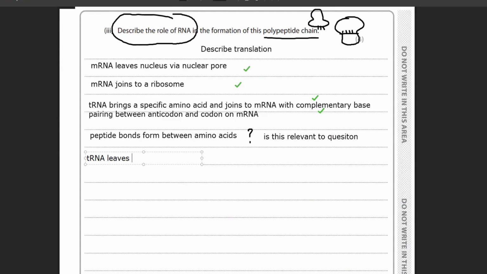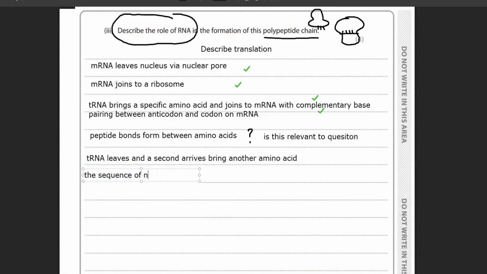So anyway, going back to the RNA, the first tRNA leaves, and a second tRNA arrives, bringing a new amino acid. Now, it might be the same if the codon's the same on the mRNA, and so which tRNA joins is dependent on the codons on the mRNA.